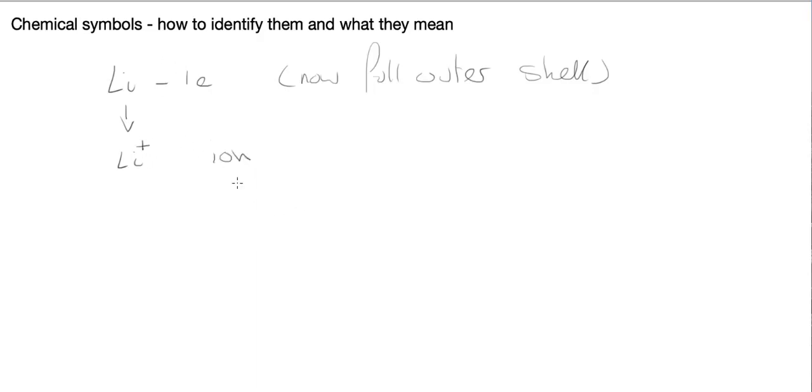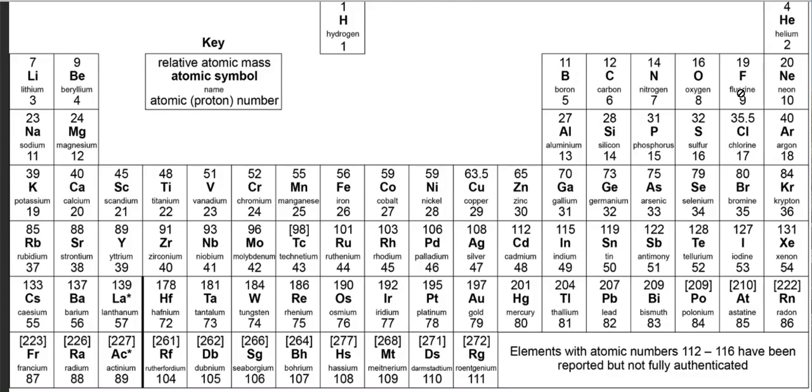Now, if lithium was to combine with oxygen, for example, if we go back to our periodic table, oxygen is over here. Now that's group 1, group 2. These are our transition metals, 3, 4, 5, 6. So oxygen is group 6, which means that oxygen has got 6 electrons in its outer shell, and it wants 8.